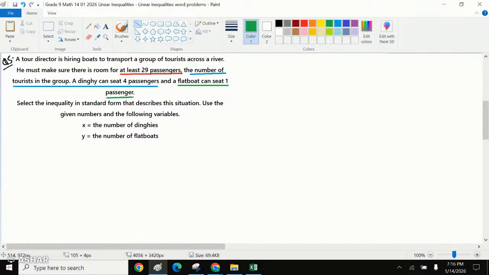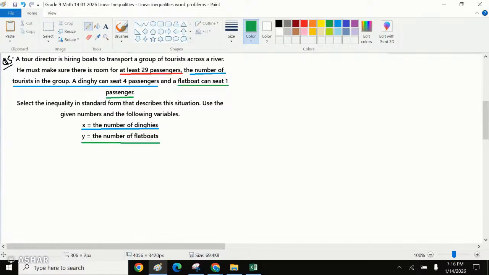So what we need to see is how many boats he would need in order to accommodate 29 passengers as a whole, right? So X is the number of dinghies and Y is the number of flatboats, right?